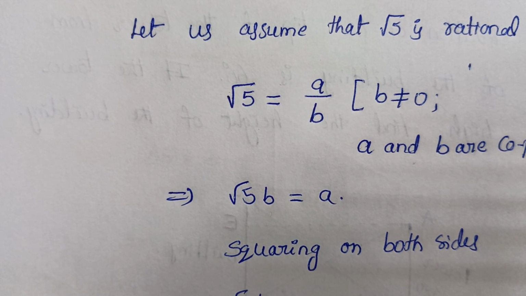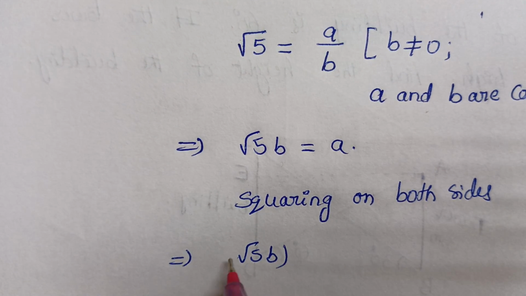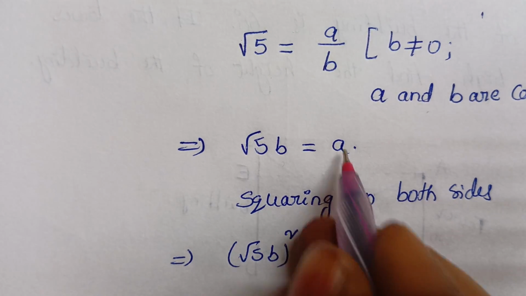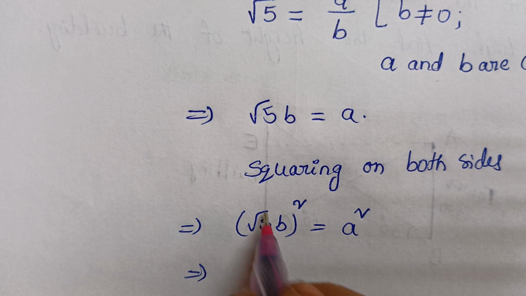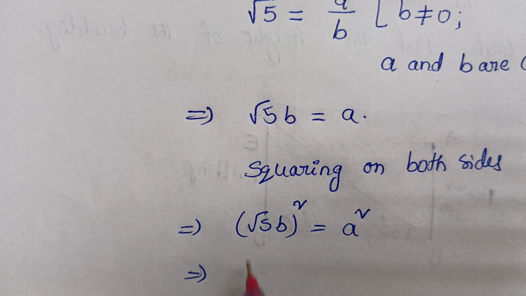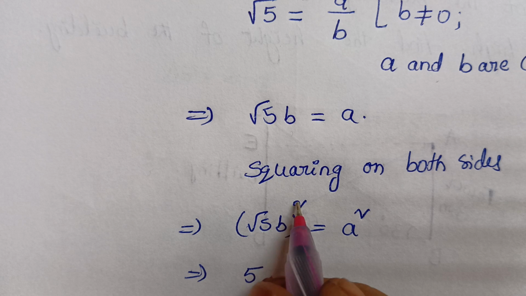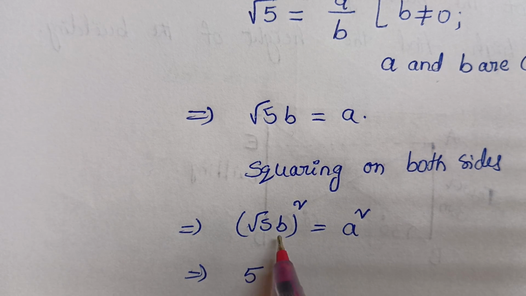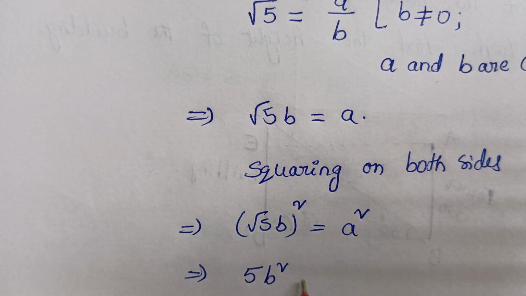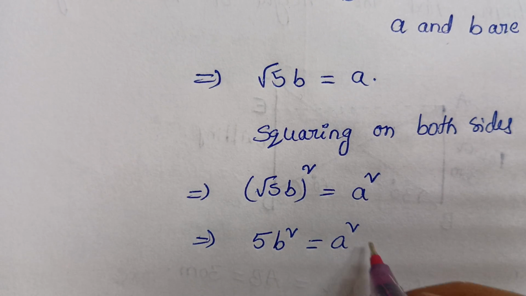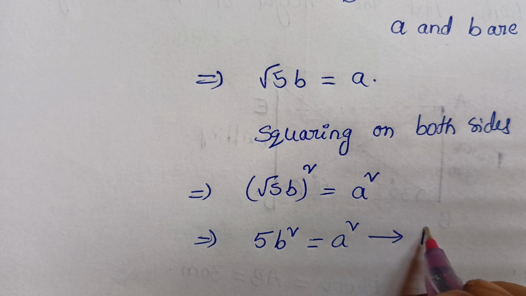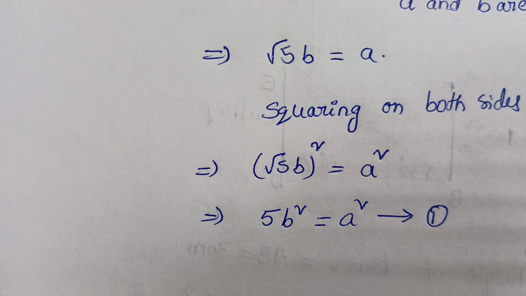Root 5 b whole square on the left side, and a square on the right side. Root 5 whole square is 5, the root and square cancel, and b square remains on the left side, a square on the right side. We name this equation 1.